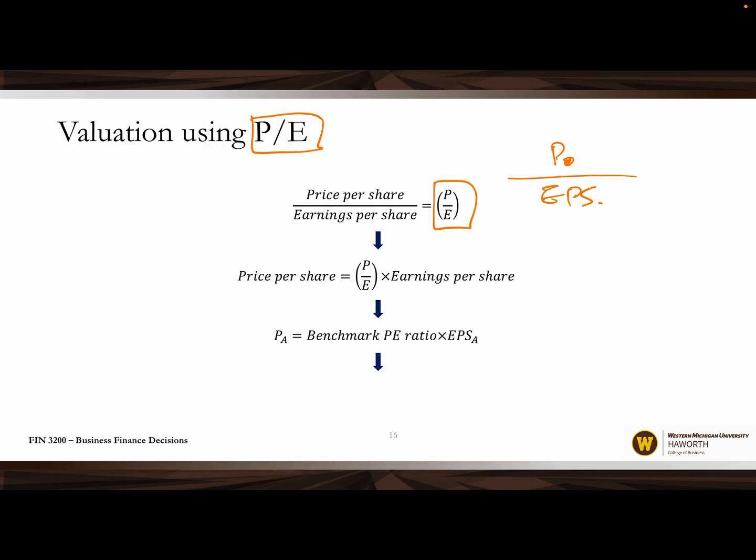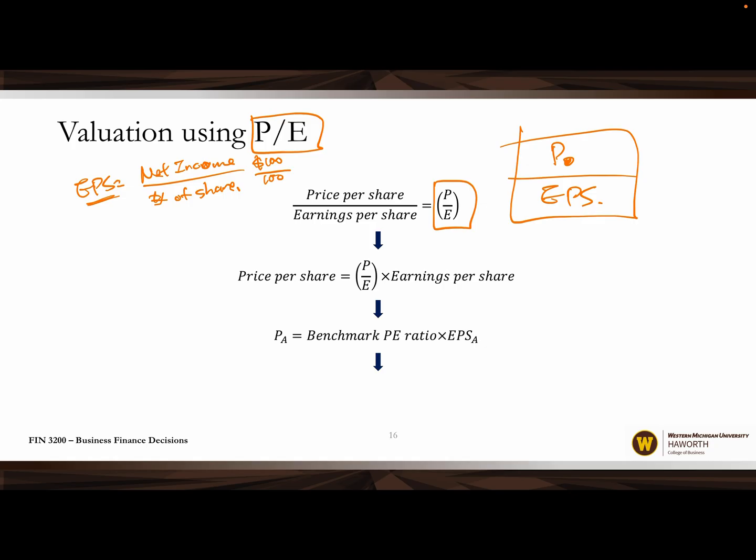Earnings per share is basically net income divided by number of shares. If the firm makes $100 and there are 100 shares outstanding, each piece of equity gets $1. That's earnings per share. That's the PE ratio, the price to earnings ratio.